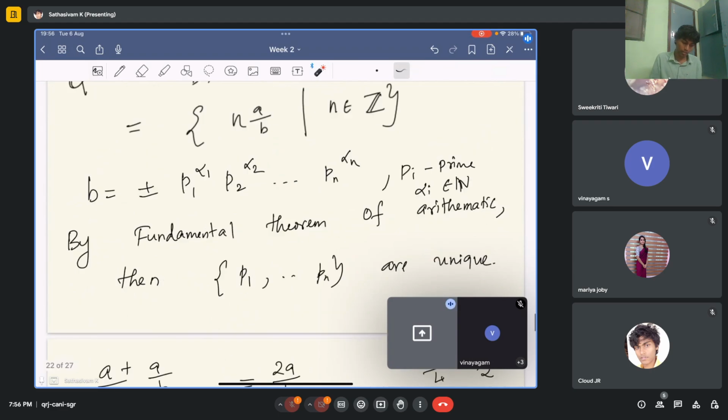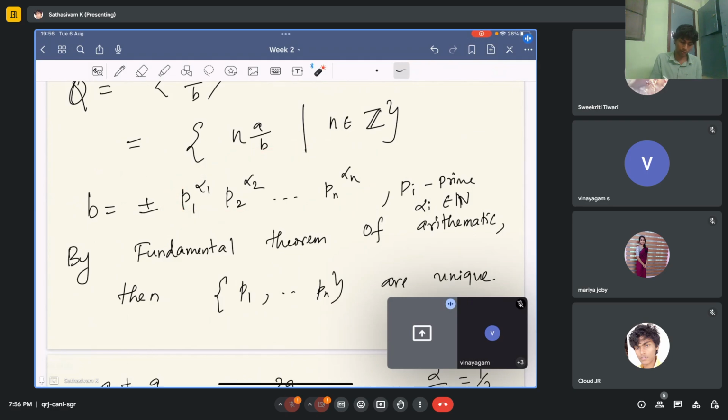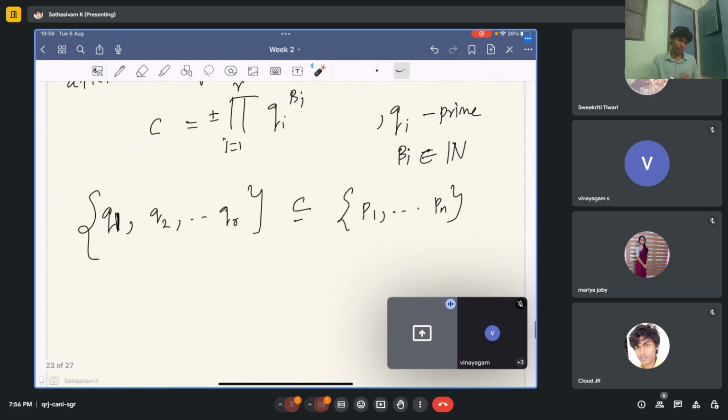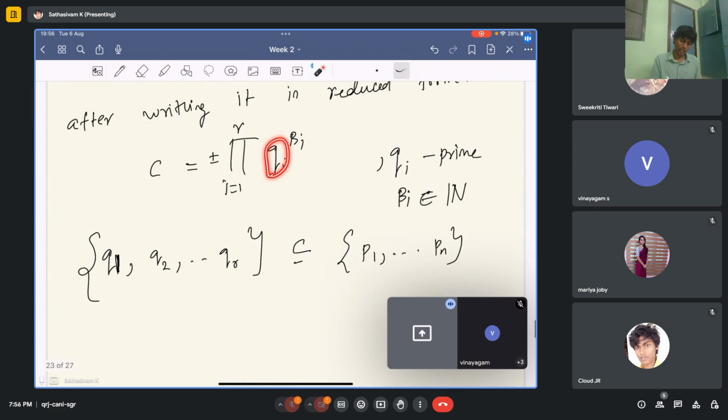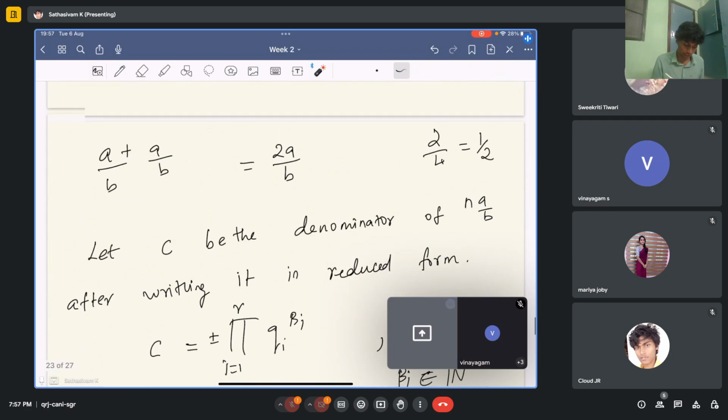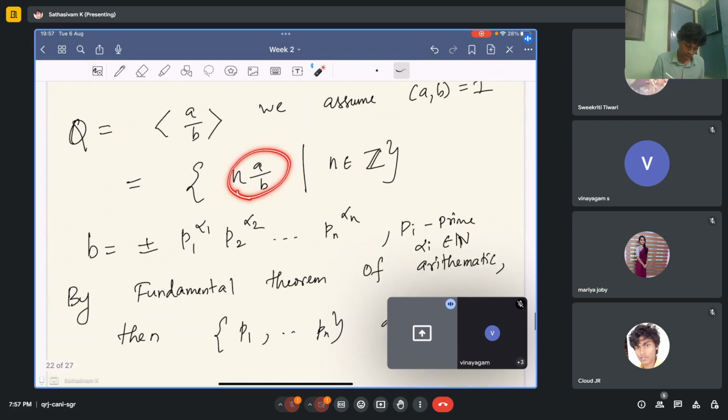If you take this number and divide by some common factor, maybe some prime can get cancelled, but there is no way you can add any new prime. So whatever comes here, these are all the same primes. So when you do n times a plus b, only the primes that appear in the prime factorization can come.